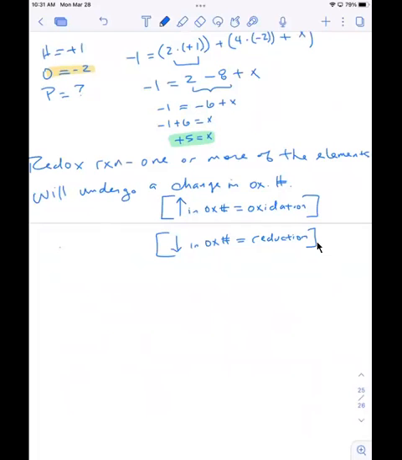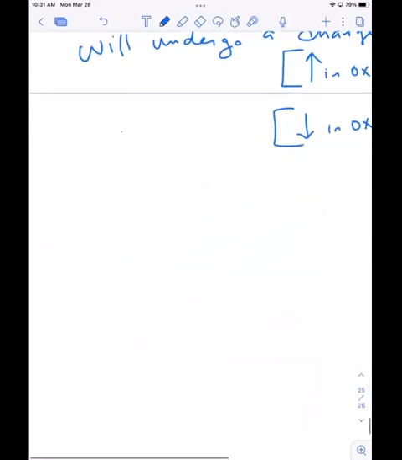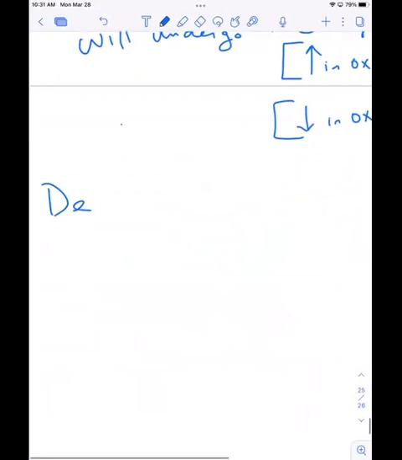All right, let's look at some examples of how to detect whether or not a reaction is a redox reaction. So let me put another heading here.